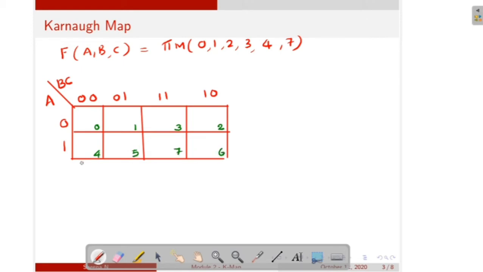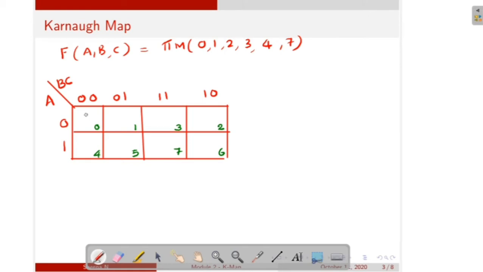There is no difference between the K-map for the sum of product expression. Same way we draw the K-map. Then mark the entries. These entries 0, 1, 2, 3, 4, 7 are 0 because it is a product of sum expression.